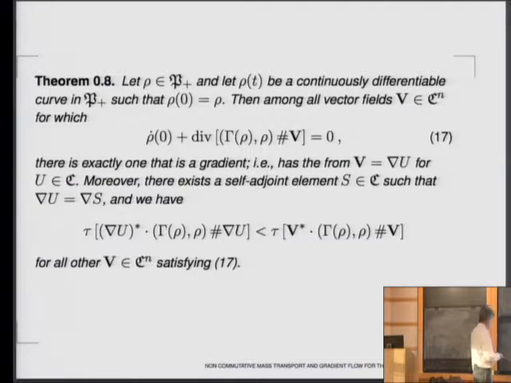So this is what comes out at the end of the day: among all vector fields, there's one which minimizes the norm, and it's the gradient of a self-adjoint operator, an observable on the fermionic space. So that's this gadget here. And this is going to be what the tangent space is. The tangent space at a density rho is the set of all gradients of self-adjoint operators in the algebra.